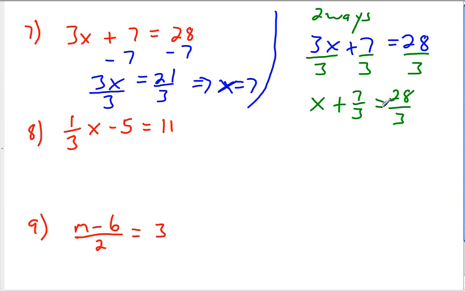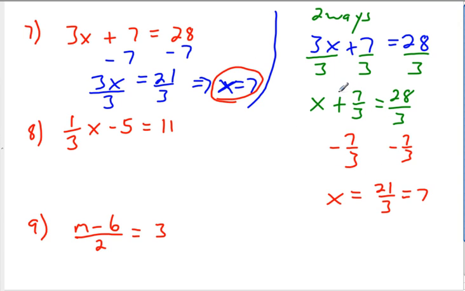And although it looks awful and horrible, it's not that bad, because we just use the subtraction property of equality. So I'm going to subtract 7 thirds from both sides, and I still end up with x equals 21 thirds, which is 7, which is what we got originally.